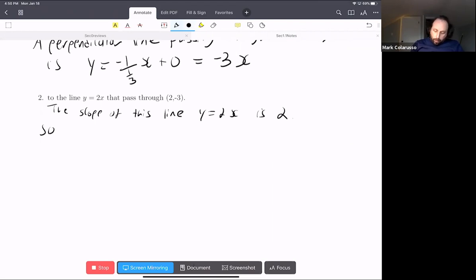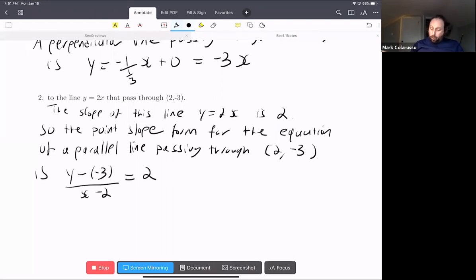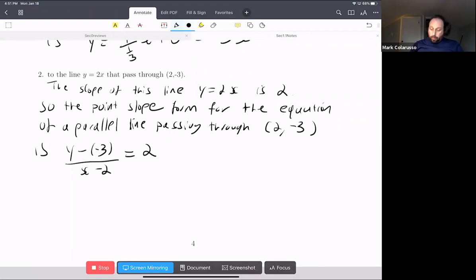So the point-slope form for the equation of a parallel line passing through (2, -3) is, okay, so (y minus -3) over (x minus 2). Parallel means it has the same slope, so equals 2. So that's the point-slope form.